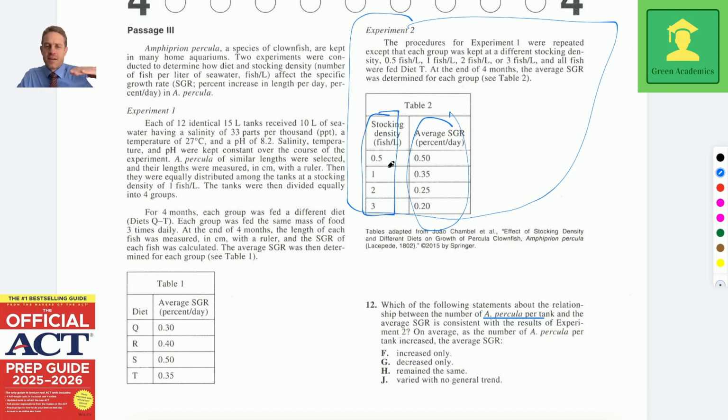So as long as the tank was the same, the stocking density is effectively proportional to how many fish there are in the tank. So having more fish is going downward toward the lower end of the graph for stocking density, and this is decrease, decrease, decrease. So as the number of AP per tank increased, the average SGR is decreased only.